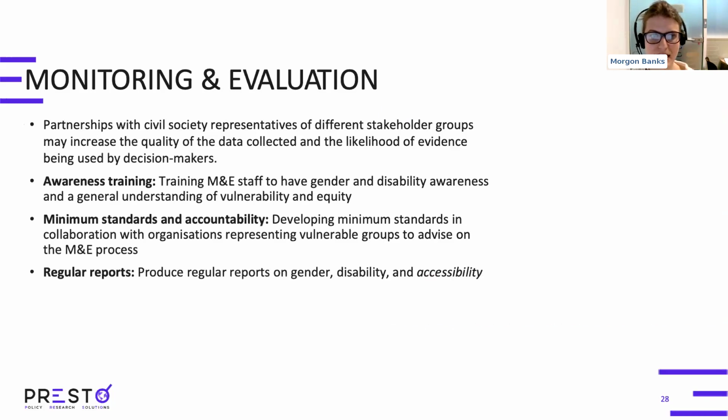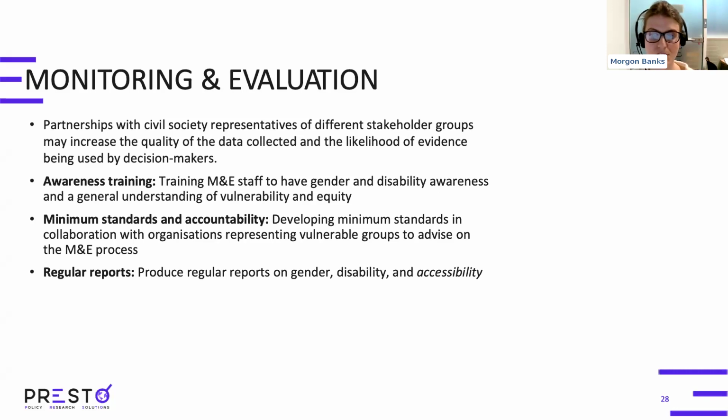There are several key steps for inclusive monitoring and evaluation. Importantly, again, here it's very important to ensure active partnerships with civil society representatives, organizations of people with disabilities, women's groups, and others, to design appropriate questions to be part of the monitoring and evaluation system and decide on the best methods for how to collect data.